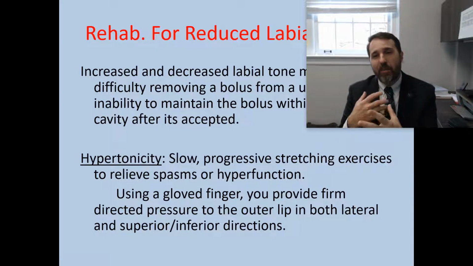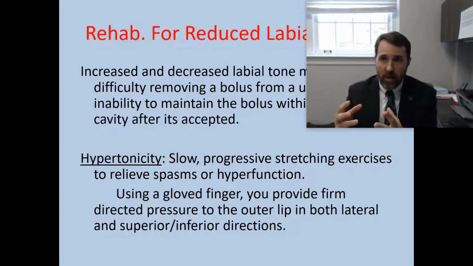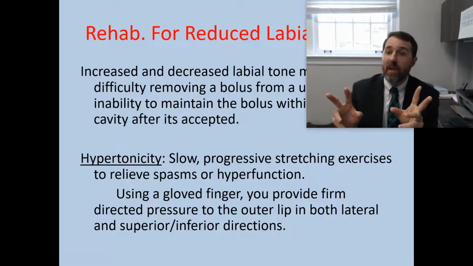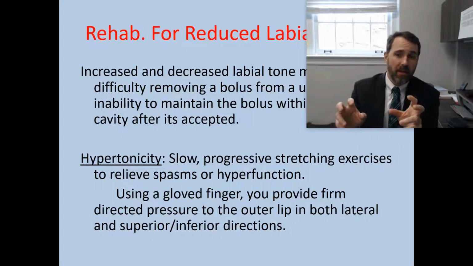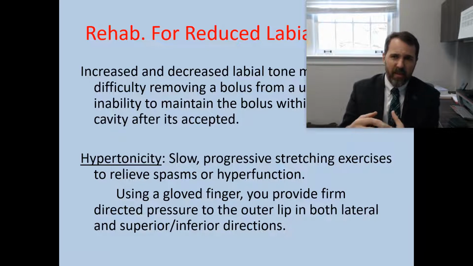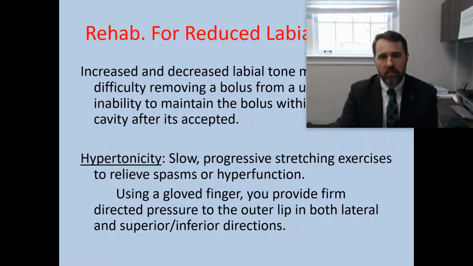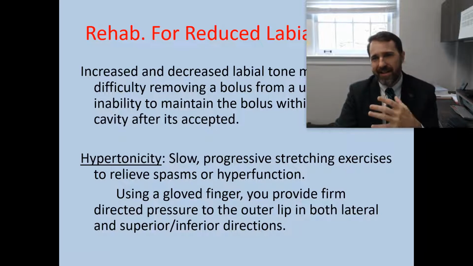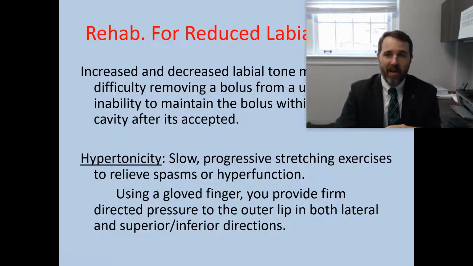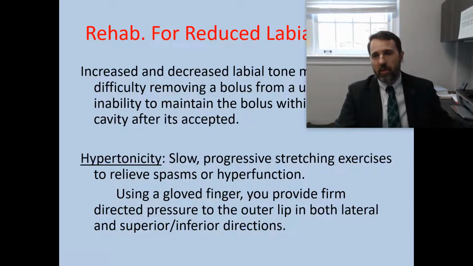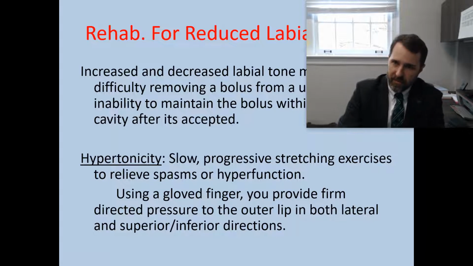If you're talking about hypotonia, you're not wanting to relax the muscles. They're already relaxed. They're too relaxed. You're wanting to stimulate them and strengthen them to bring them up to normal. So we come at hypertonia and hypotonia in very different ways. And you'll recall this dichotomy from motor speech as well.